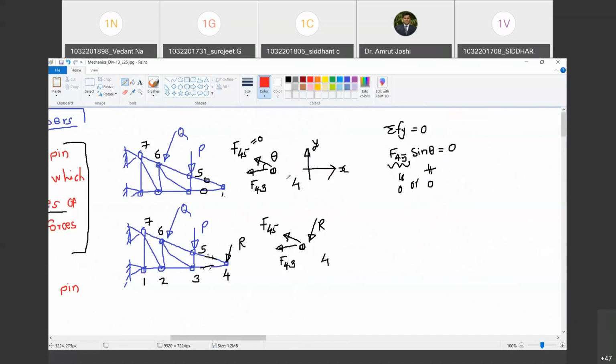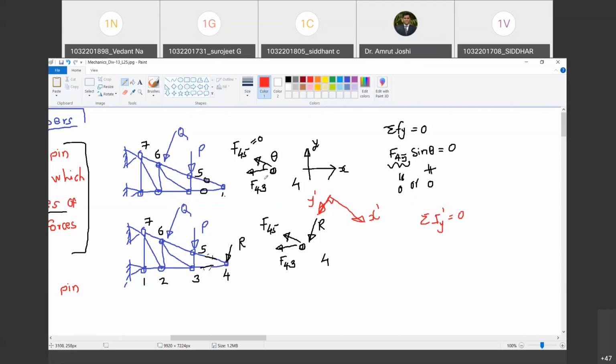To do that, the direction along 45 I am going to call x dash, and the direction perpendicular to it y dash. Now for equilibrium, summation Fy dash must also be equal to 0. Yes, sir.